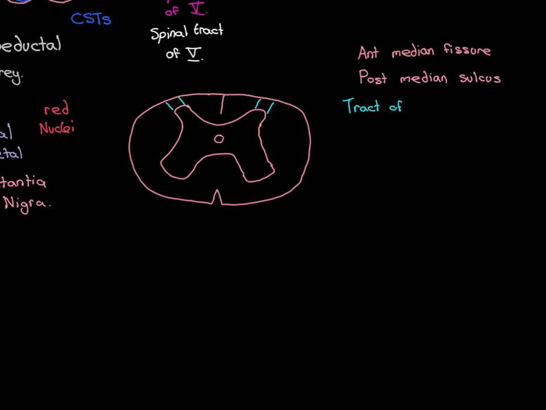The dorsal root of a mixed spinal nerve, where all of the sensory fibers are coming in, comes in at a level of the spinal cord, but you don't necessarily want all of the central processes to synapse right at that level. So they can move up and down a little bit in the spinal cord through this tract of Lissauer. This is where central processes of pseudo-unipolar primary sensory afferents coming into the spinal cord can move up and down. And indeed, this is what is continuous with the spinal tract of the trigeminal nerve.